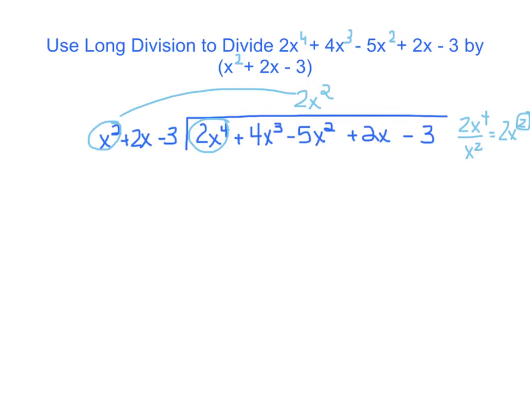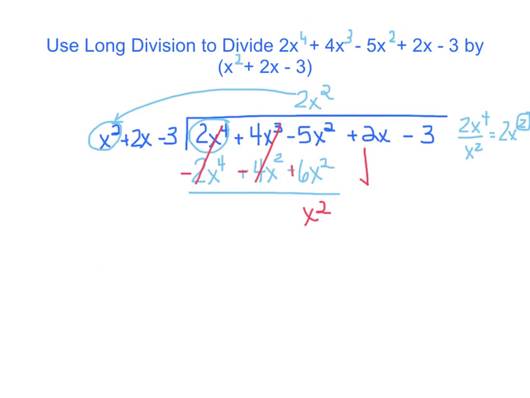I'm now going to multiply it out by all 3 terms. 2x squared times 2x squared is 2x to the 4th. 2x squared times 2x is 4x cubed. And 2x squared times negative 3 is negative 6x squared. I'm subtracting, so all those signs will change. This deletes, and negative 5x plus 6x becomes x squared.